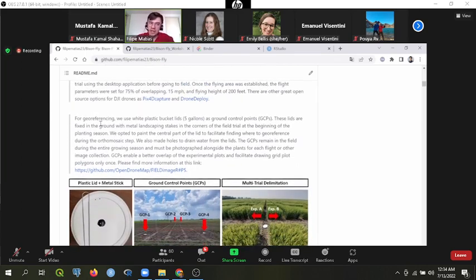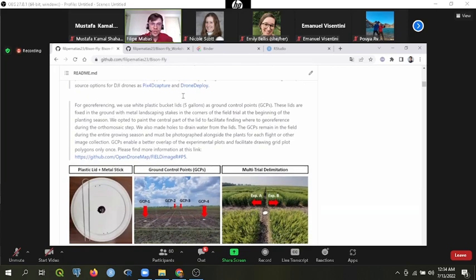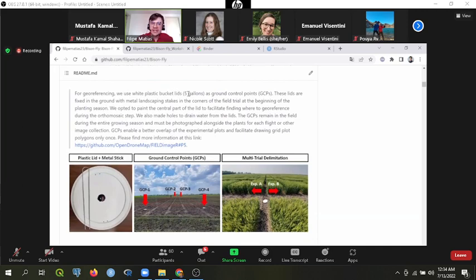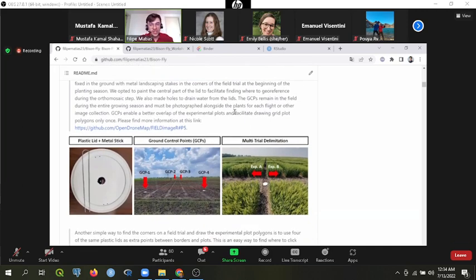For doing the georeferencing, or correcting the geographic positioning in our fields, we were using these lids from 5 gallon buckets. In the presentation, we saw the orange lids, and depending on the soil where you are working, the white lids are better to see.